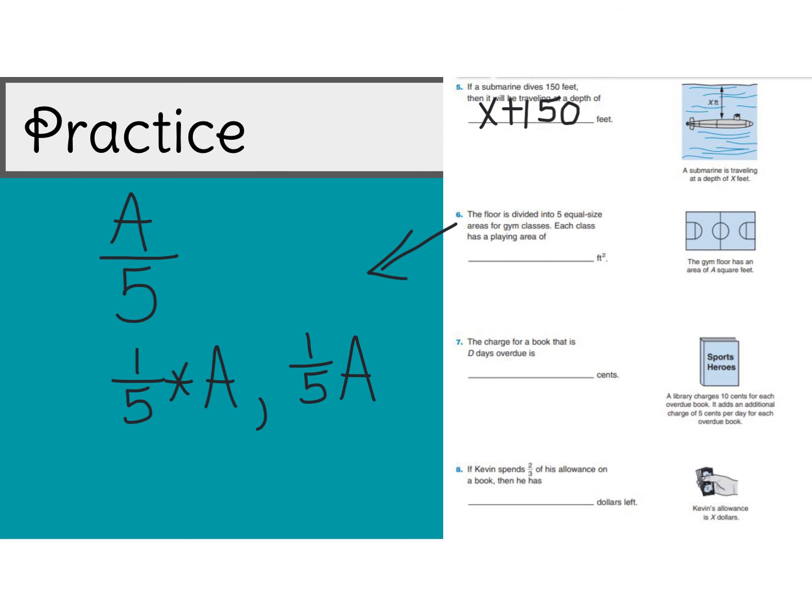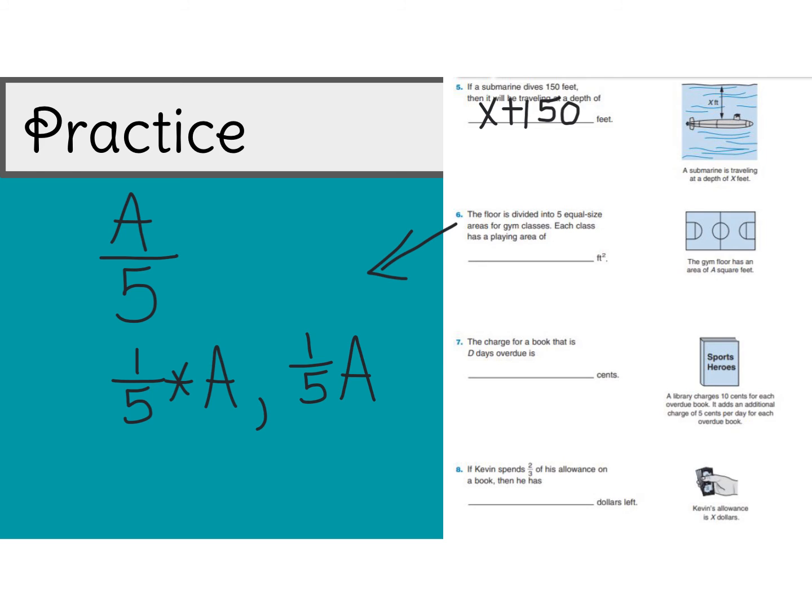So this one gets a little bit more complicated. Let's think about that for a minute. 10 cents for each overdue book, and then an additional 5 cents per day is what they charge. So there's probably 3 different ways that we could go about that.